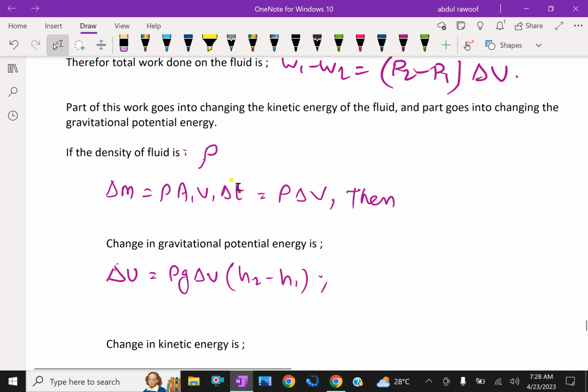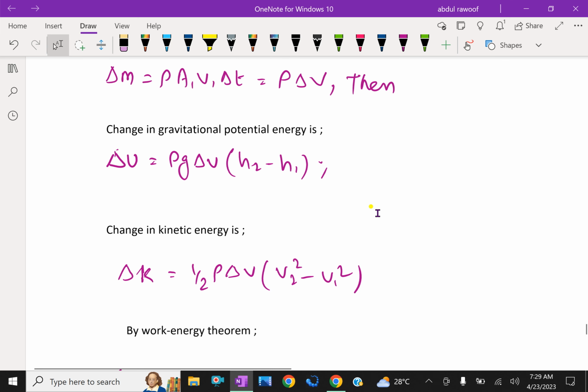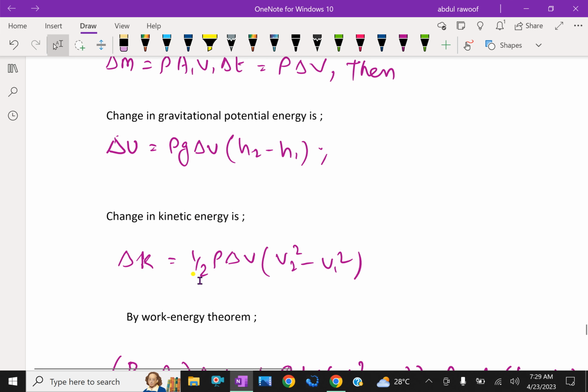This is volume. A1 V1 delta t is the volume. Then the change in gravitational potential energy is delta U equals rho g delta V times h2 minus h1. This is the height difference. Now, the change in kinetic energy, we know, is half rho delta V times v2 squared minus v1 squared. V2 is the velocity of the second section, V1 is the velocity of the first section.